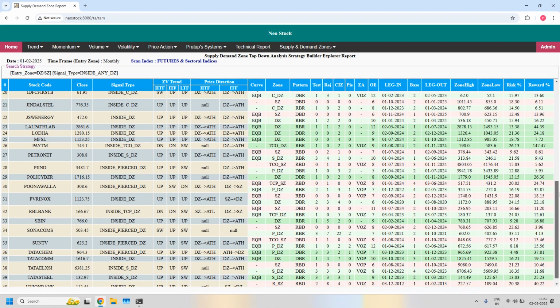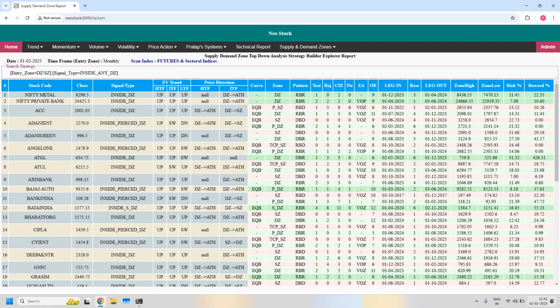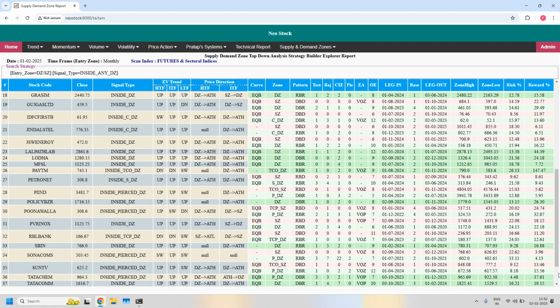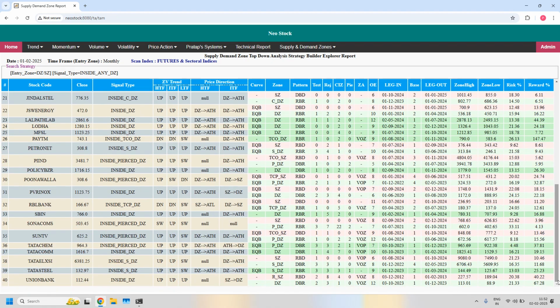We got 40 stocks. First 18 stocks in the list. I am scrolling the list down. So total 40.